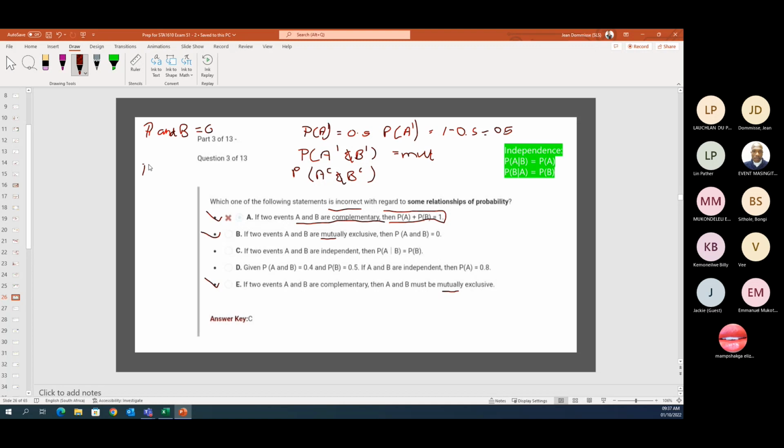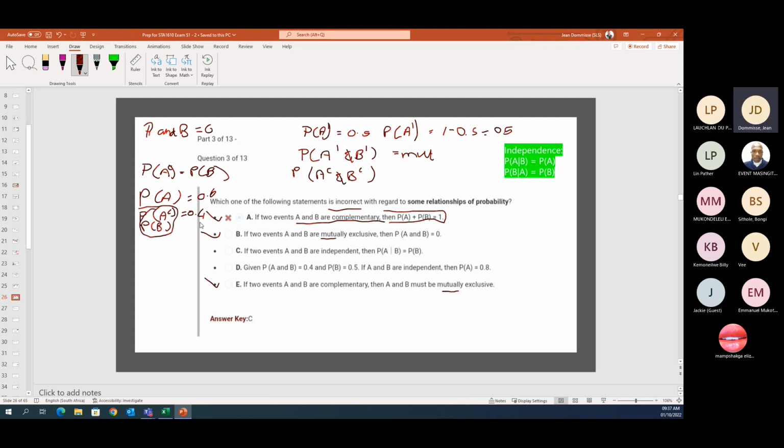So if A and B are complementary, so basically what they say is that the complementary of A is equal to B. So if A is equal to 0.6, then the complementary of A is 0.4, which is equal to B, because they tell us it's A and B, it's complementary.